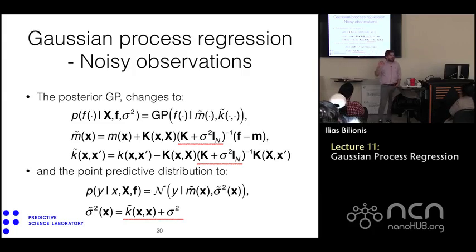But if you want to predict y, which is what you measure, not what f actually is, it's f plus the noise, then the predictive distribution for y would be like that, with the posterior mean being this thing, and the posterior uncertainty being basically this evaluated at x and x, plus the aleatory noise. Okay, so here you see clearly the distinction between the epistemic uncertainty, which can be reduced down to 0, and the aleatory noise, which is here to stay.